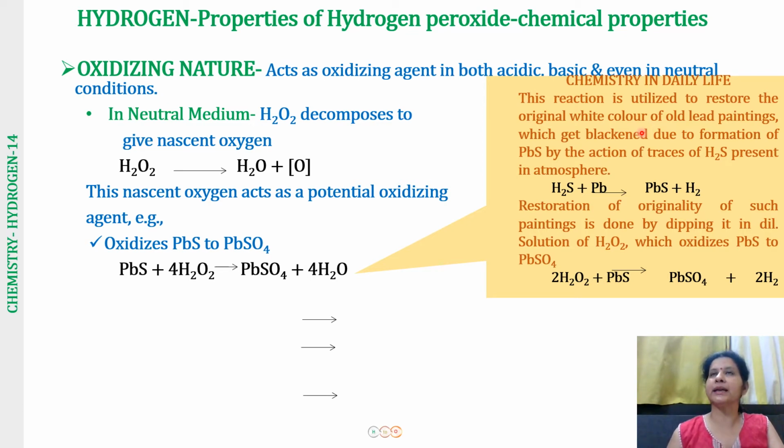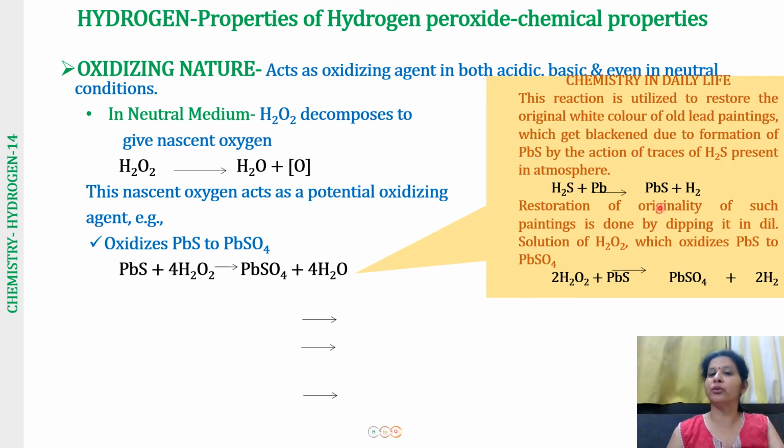But when it is on the wall for some time, it is going to react with some traces of hydrogen sulfide which can be present in the atmosphere, and when lead reacts with H2S, it forms lead sulfide and hydrogen. Okay, and this lead sulfide is blackish in color, so the color of the painting is going to get blackened, but we are not going to like that painting.